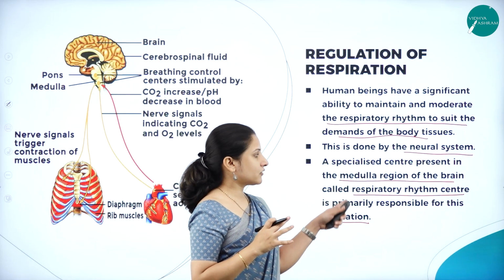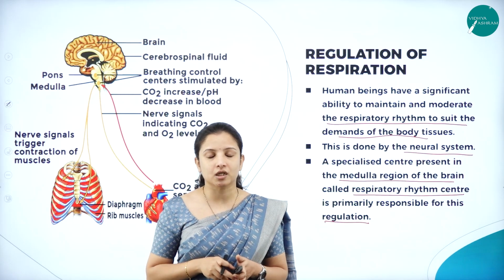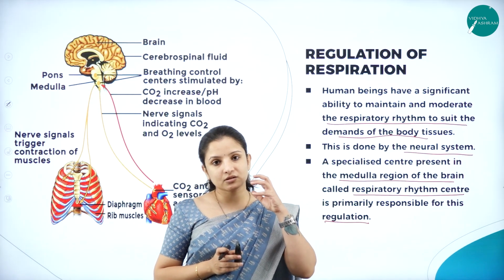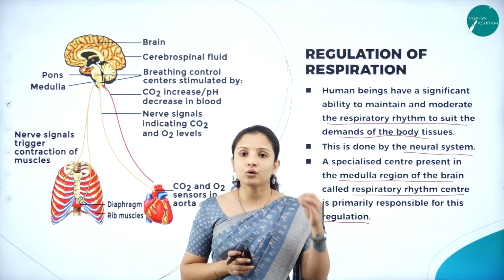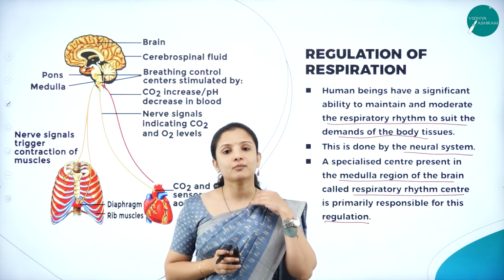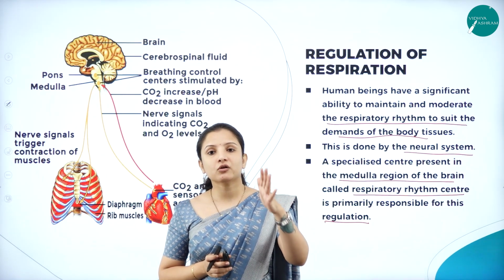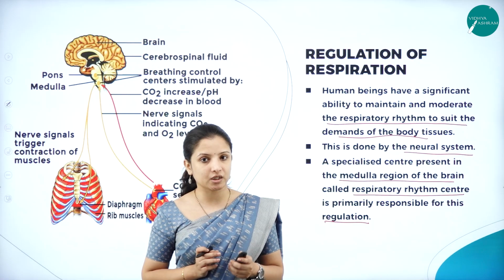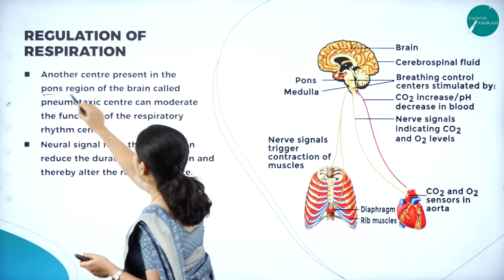That medulla region is called the respiratory rhythm center, because it actually receives and sends the signals stating how the rhythm of breathing has to be, depending on the activity of the person or the availability of oxygen to that person.